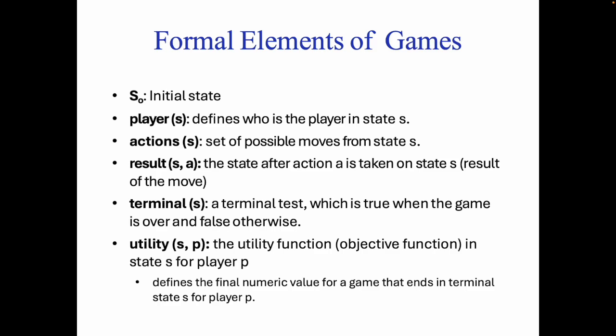If this is the current state, what are the possible moves for O next? O could be here, so this is one state. O could be here, right? So these are the possible moves for the next player. X and O are our players here, and then we have the set of possible moves from the state where we are.